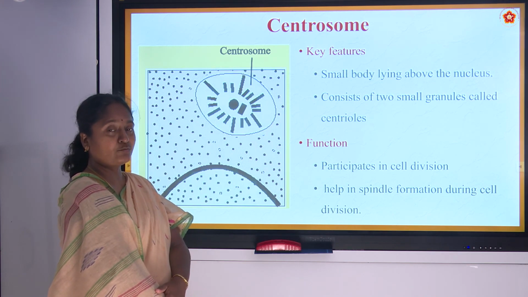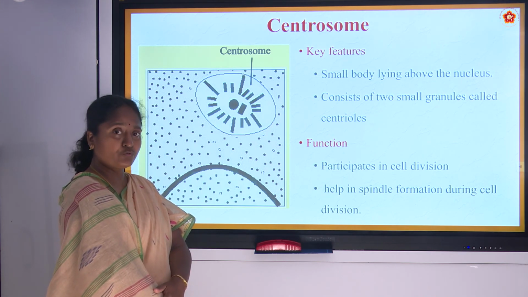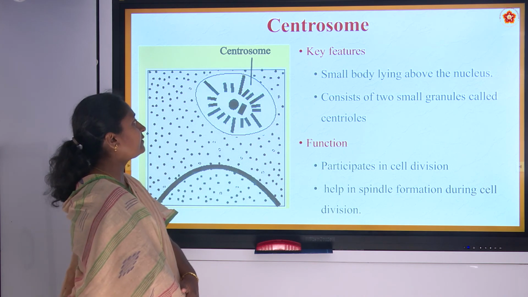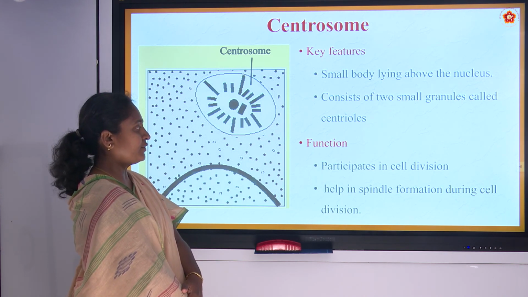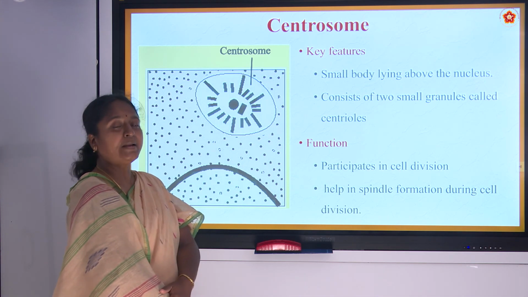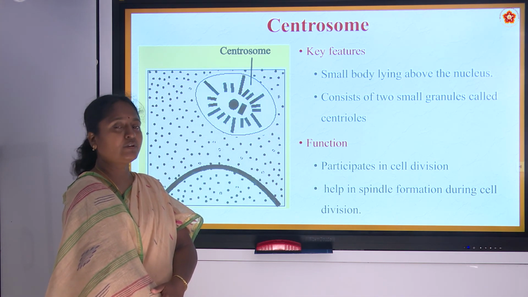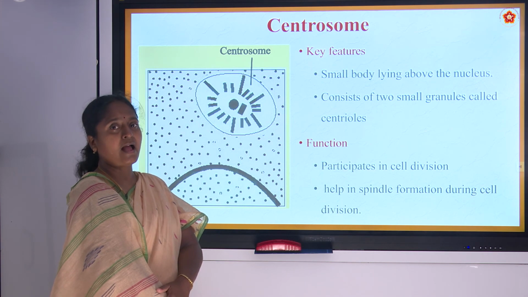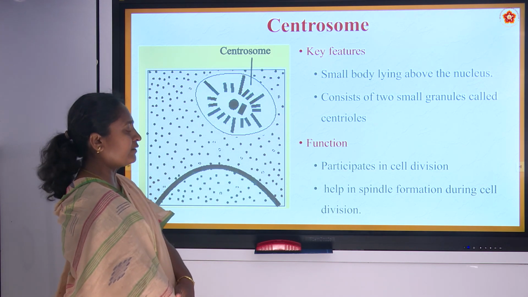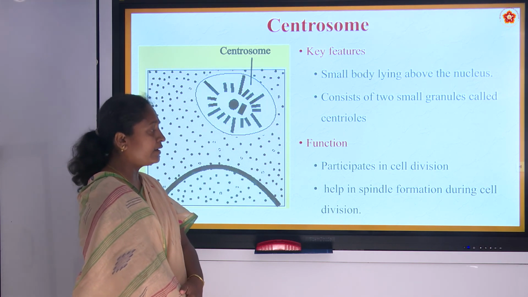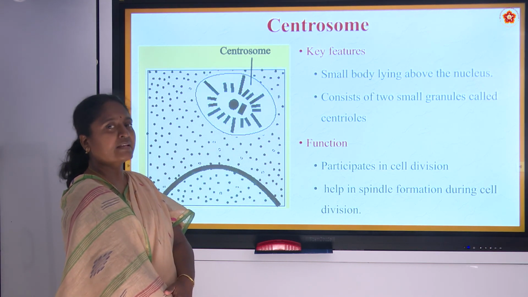When the cell has to divide and produce two cells, then these organelles come into function. What is it doing during cell division? It is helping in spindle formation. It has to divide the genetic material among the two daughter cells, right? For that it is present and it will produce spindle fiber formation during cell division.